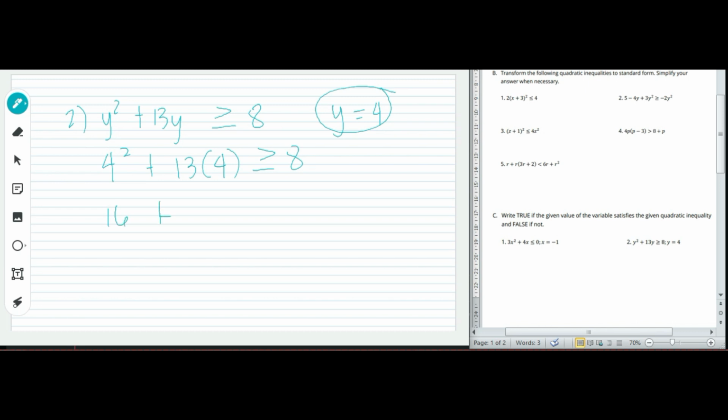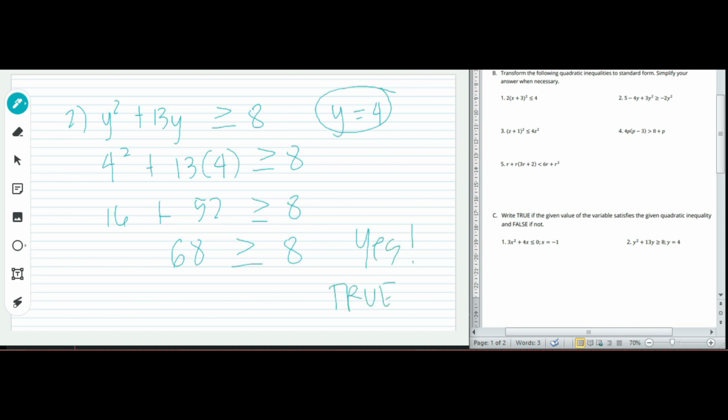And then we have 13, multiply by 4, the answer is 52. And then 16 plus 52 is equivalent to 68. Is 68 greater than or equal to 8? Of course, it is greater than or equal to 8. So the answer is yes. So this is again true.